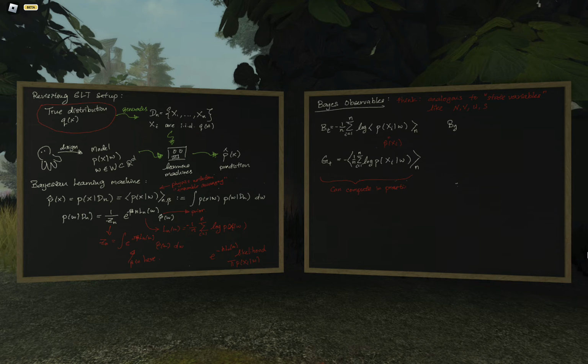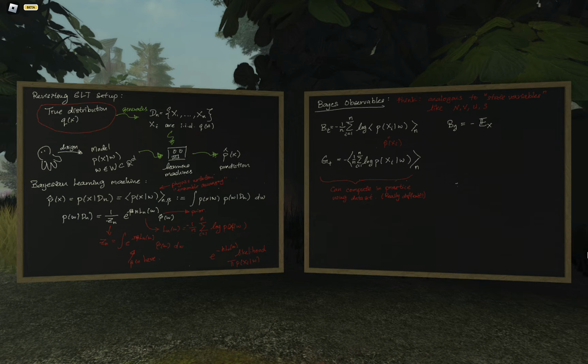So these are things that you can compute in practice using the data set. It doesn't refer to the true distribution. That's kind of the point. Each data set will produce this function on W, and then you average it using that density.